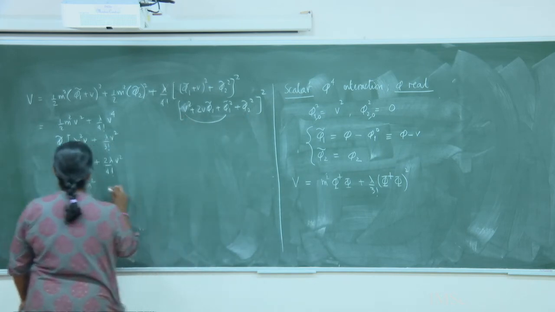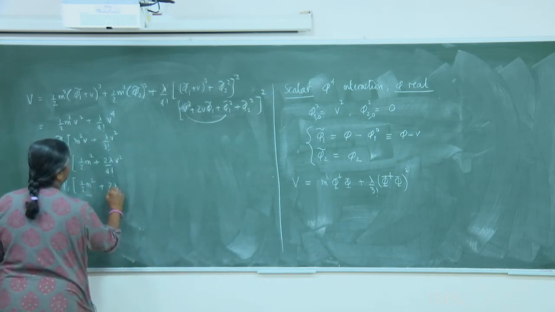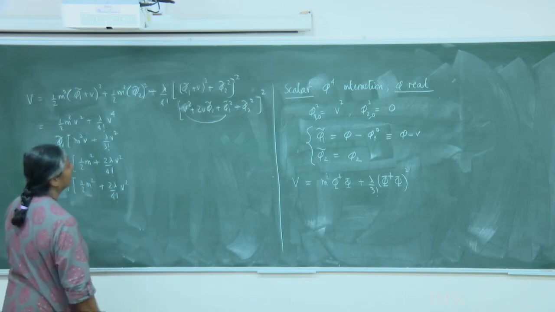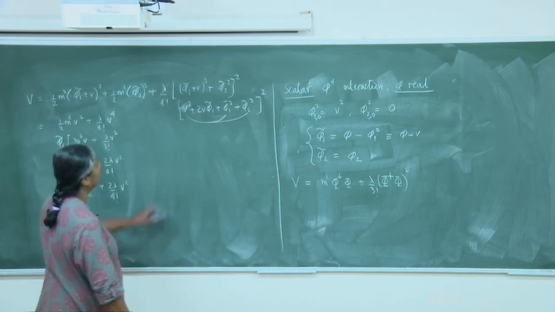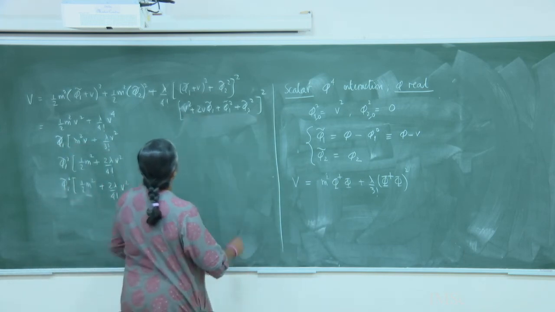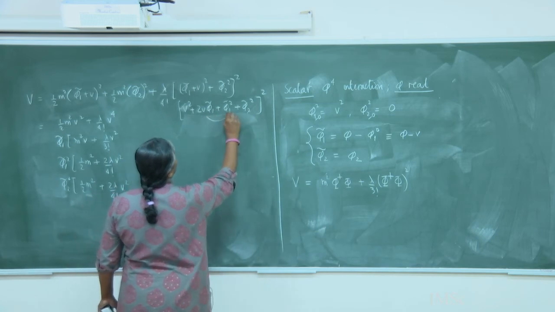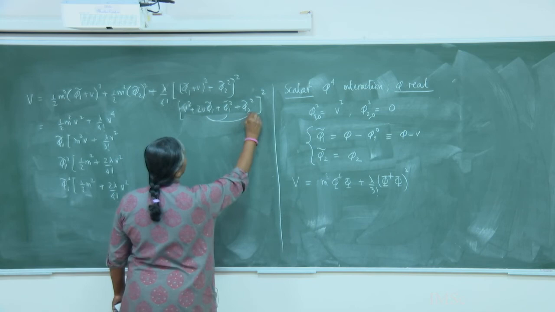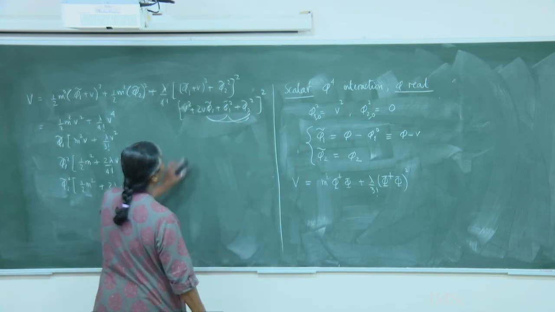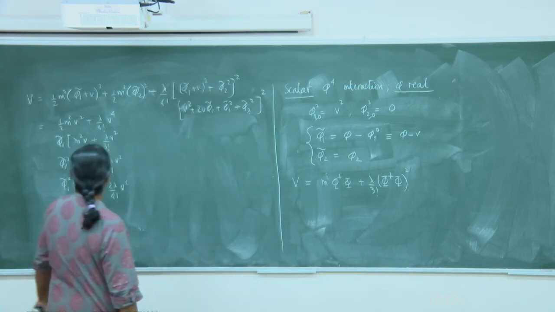Then the cross term of those two will be the identical term. Okay. So that is the cross term of these two. So I have finished the cross terms for v squared. I will take that off. Now I have to do the cross terms of these two. That will be a phi cube term. This will be a phi cube term. This will be a phi 4 term. So I am going to drop the rest. Okay.